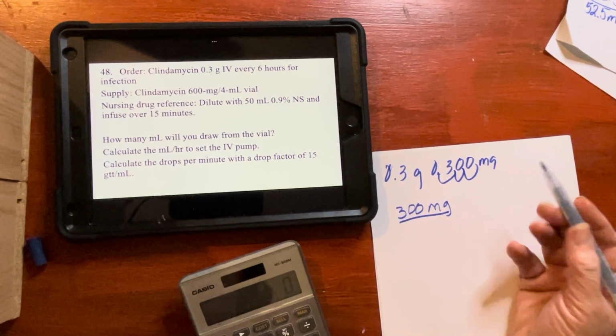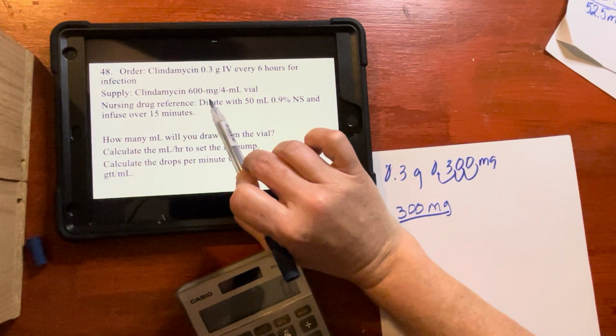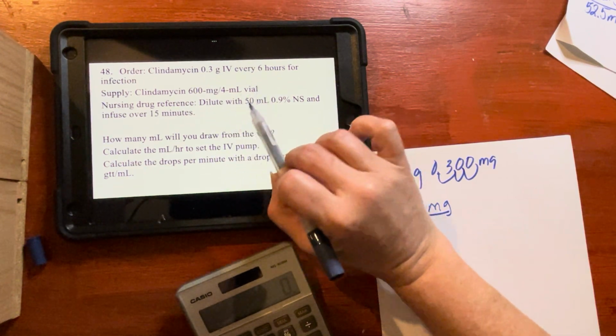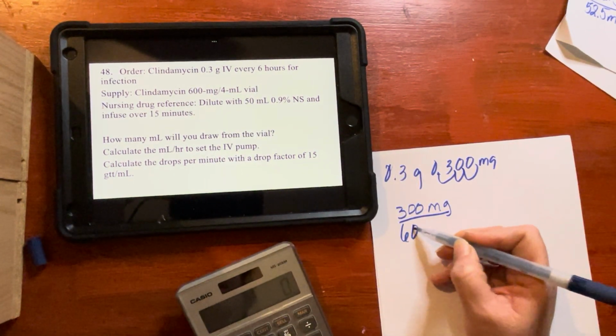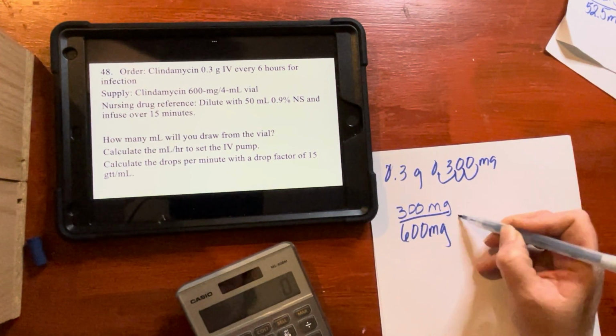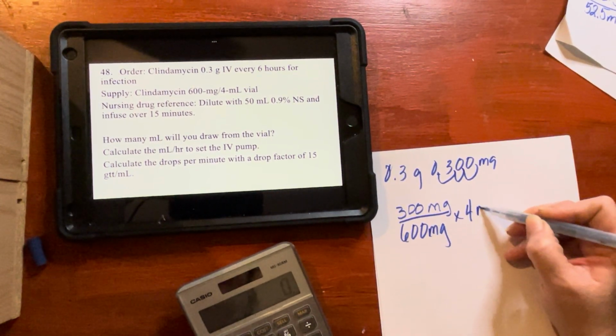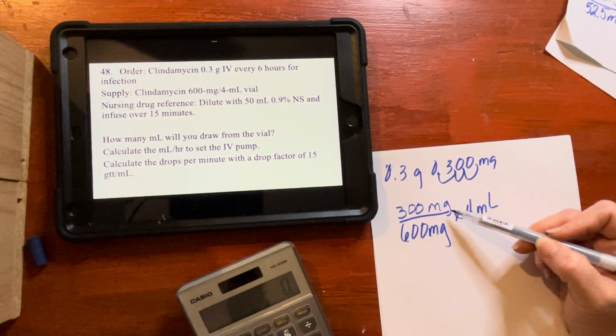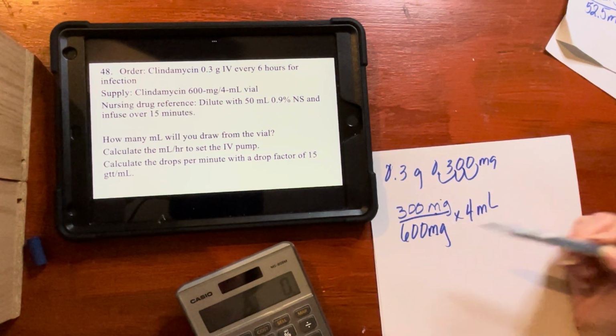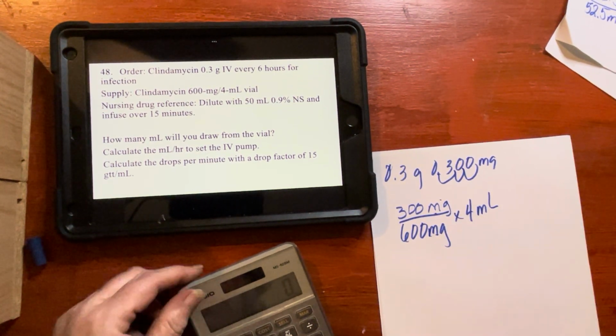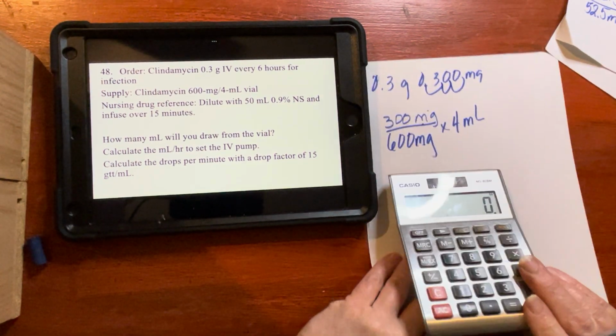What I have in my hand is 600 milligrams per 4 milliliters. And we're going to do the math. This divided by that times that. So grab your handy dandy calculator.